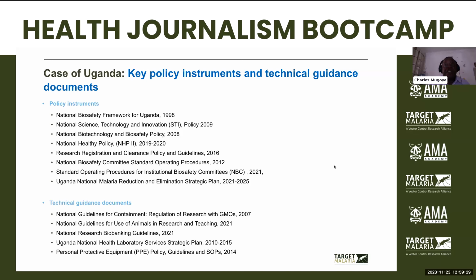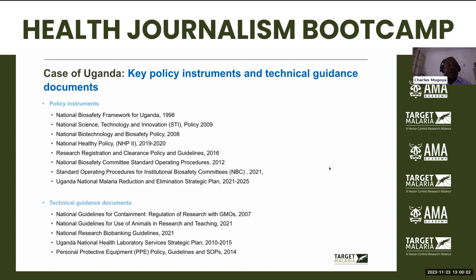Next slide. And then we have, in the case of Uganda, apart from the institutions that I've highlighted, policy instruments. We have the National Biosafety Framework, the Science and Technology Innovation Policy, the Health Policy, the National Biosafety Committee Standard Operating Procedures, and others. All these policy instruments guide orderly interventions when we are planning the testing and implementation of the gene drive.